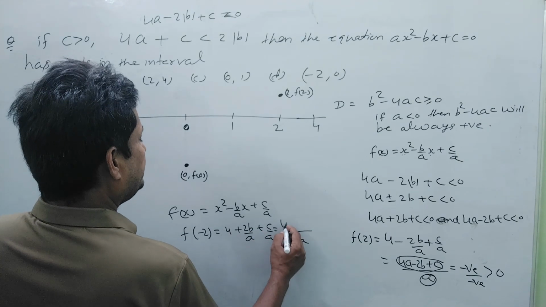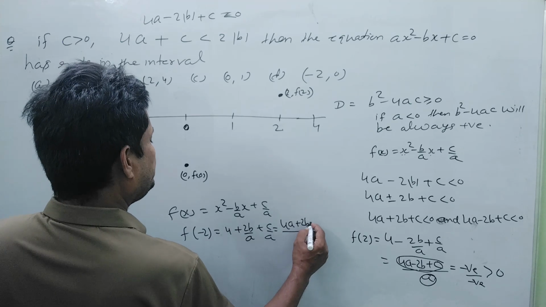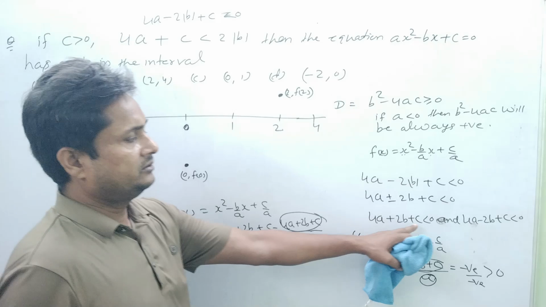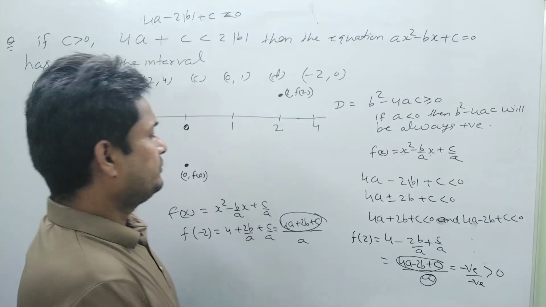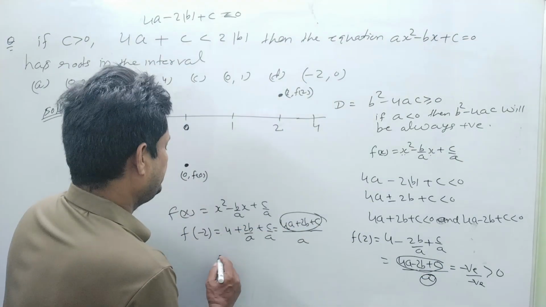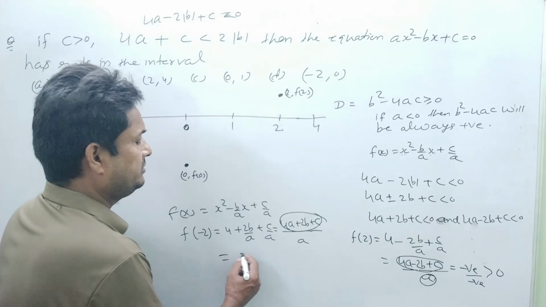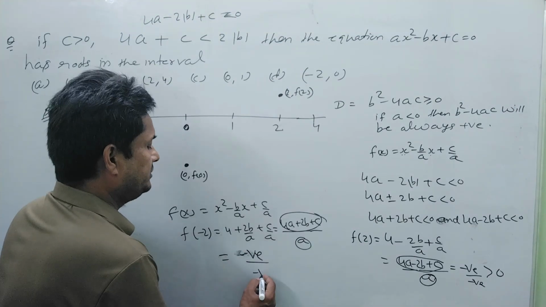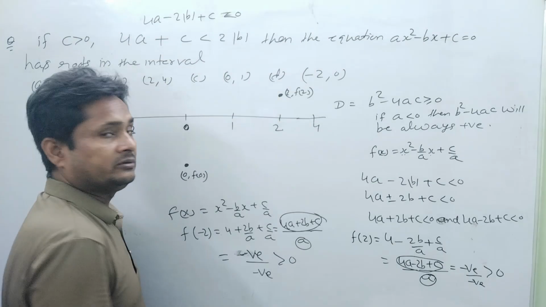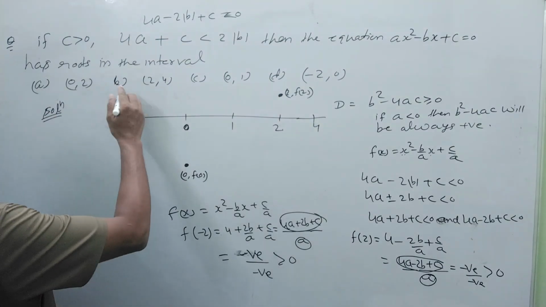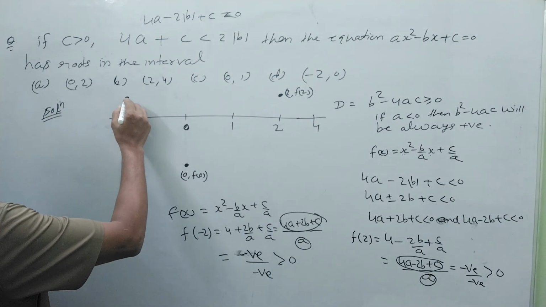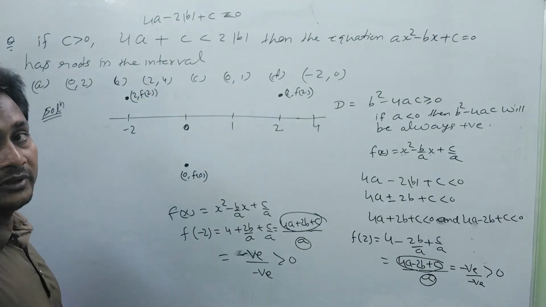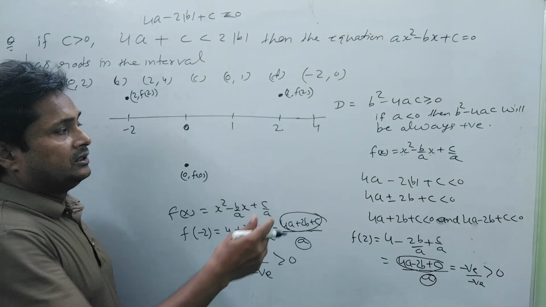Simplify it, you will get 4a plus 2b plus c, and this is given as negative. 4a plus 2b plus c is negative, and a is also negative, then this will be positive. That means f of 2 definitely can be said to be a positive number.